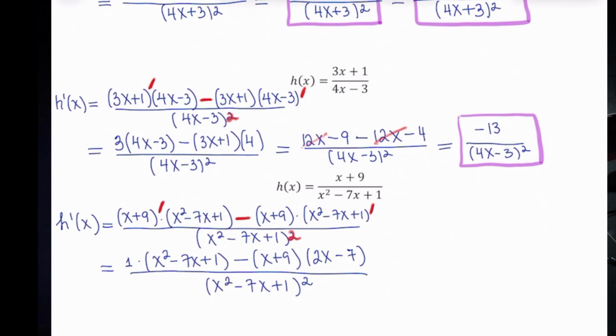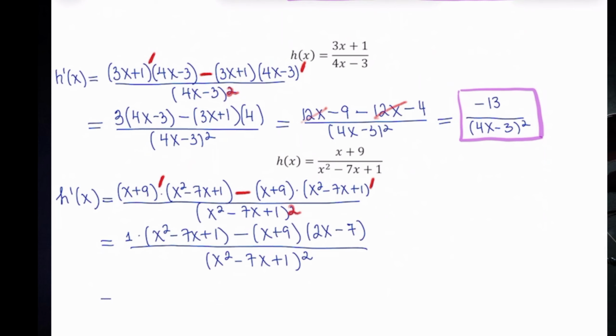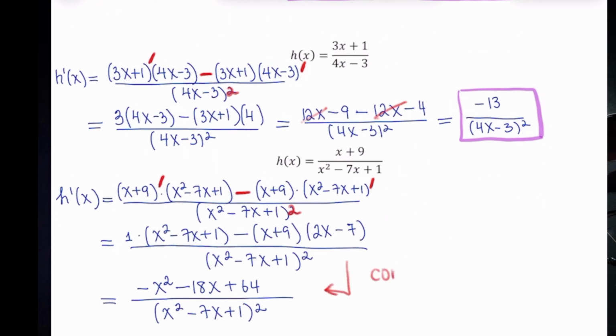Once you simplify it, we should get the following. In the numerator, the expression should be negative x squared minus 18x plus 64, and the denominator stays as is. That is the derivative. So what I would like for you to do is complete this step right here.